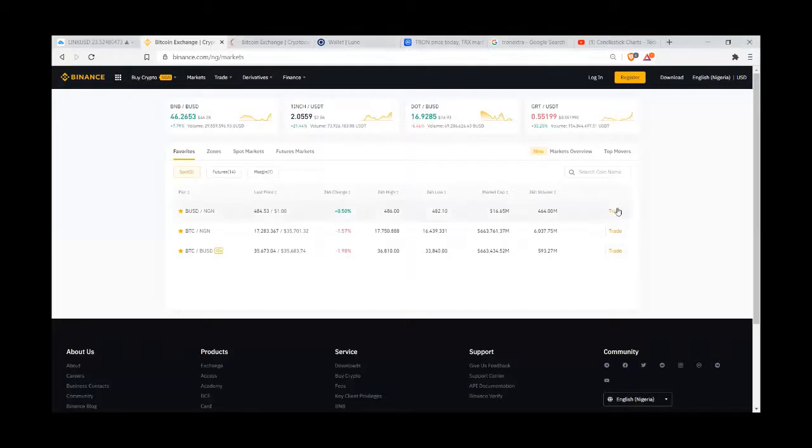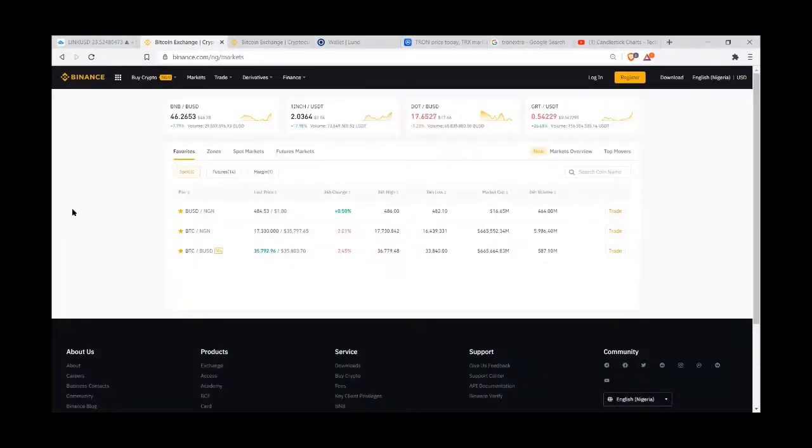Sorry. So when you click on this trade button, it's going to take you to this thing. Why is this slow? Why is this thing taking forever to open? The internet connection is unstable.